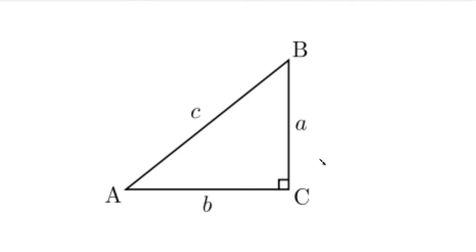You know angle A is 50 degrees, and AB is equal to 3.